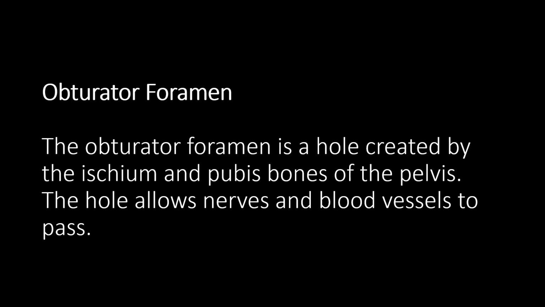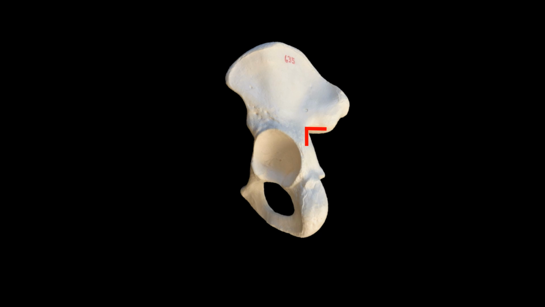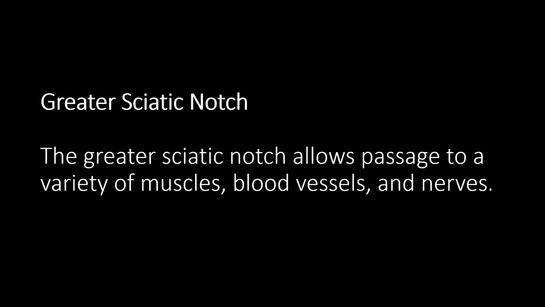Obturator foramen. The obturator foramen is a hole created by the ischium and pubis bones of the pelvis. The hole allows nerves and blood vessels to pass. Name this anatomical area. Greater sciatic notch.